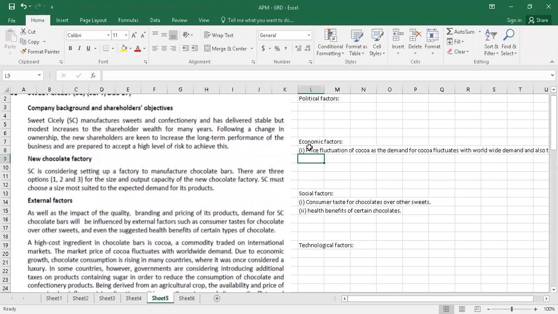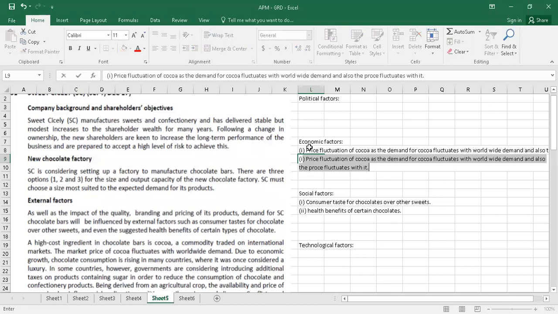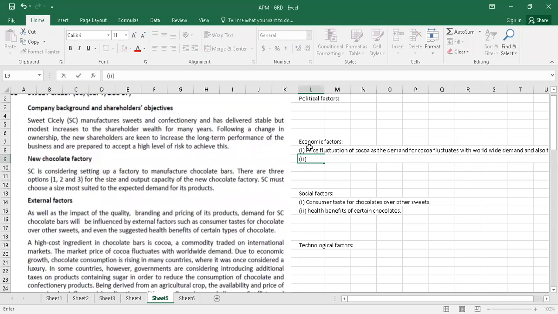So income availability with the people also increases. That has an overall impact on the economy, so it becomes an economic activity. So, increase in demand for chocolate.